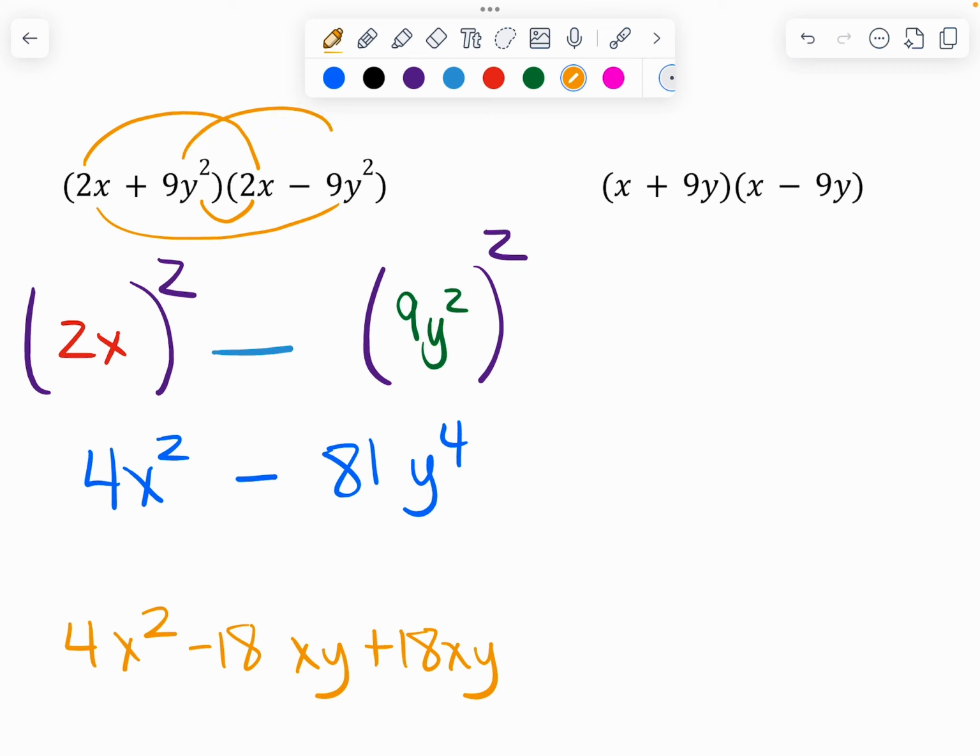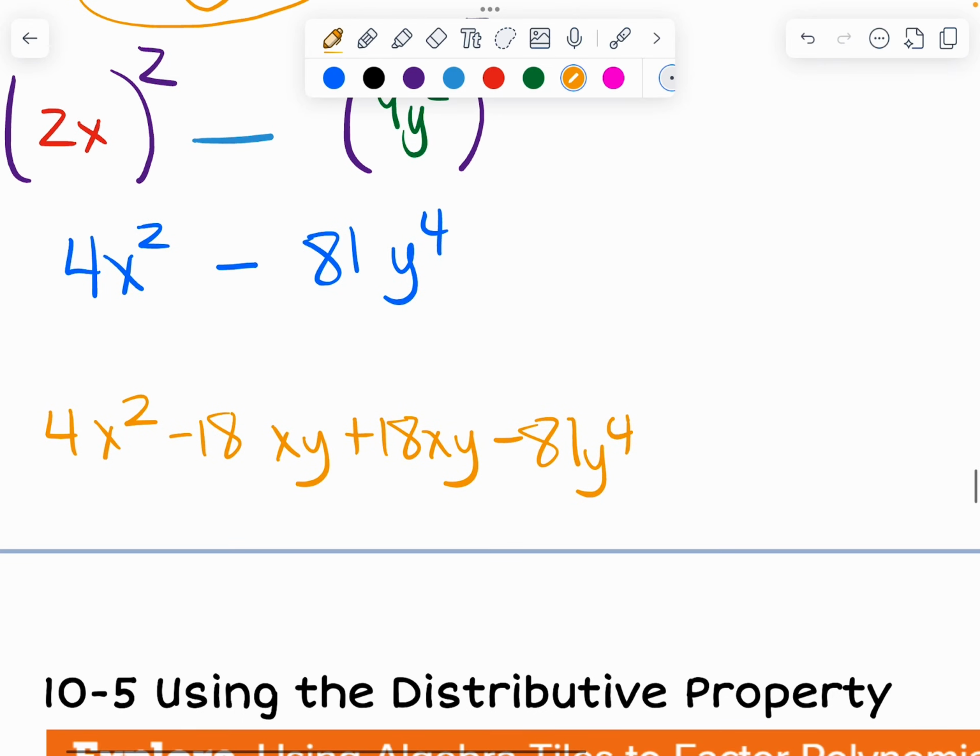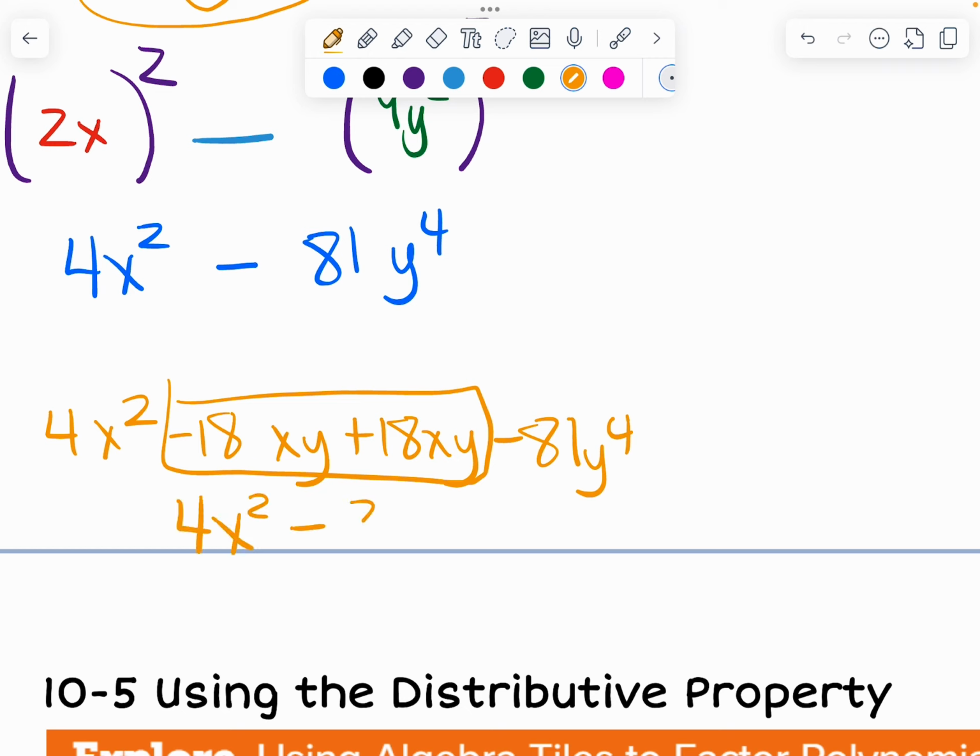And last but certainly not least, I get, oh, I do not get plus, I get minus 81y to the 4th. So I combine like terms. These right here cancel out. 4x squared minus 81y to the 4th. So, again, they're exactly the same. Now, you can do the FOIL method or you can do the shortcut.